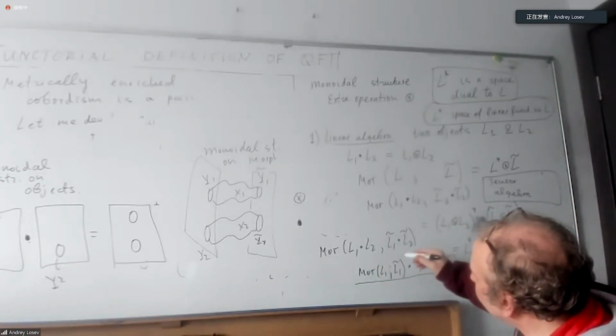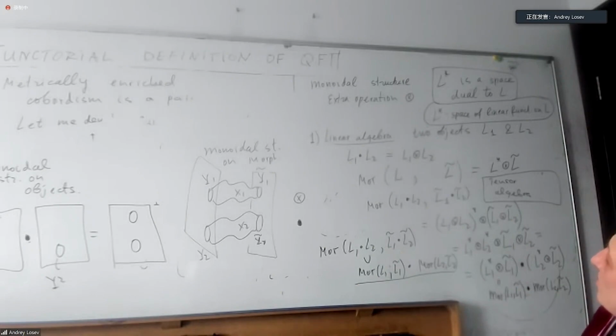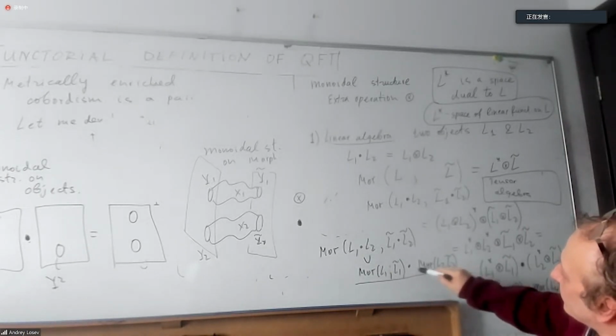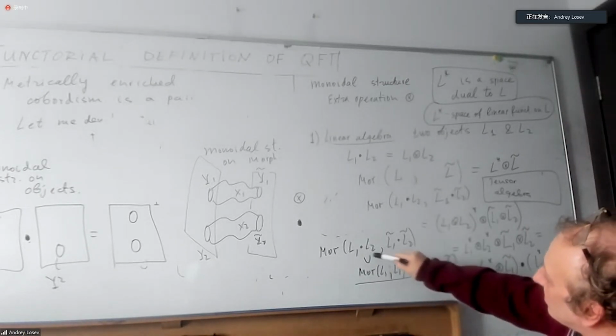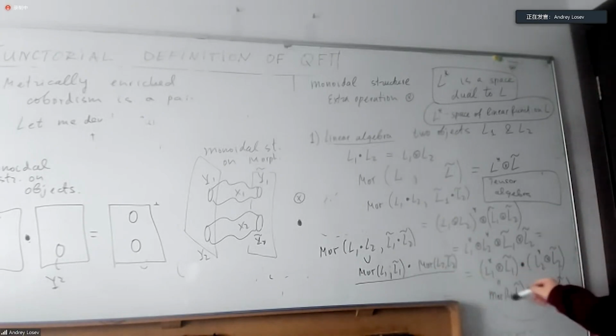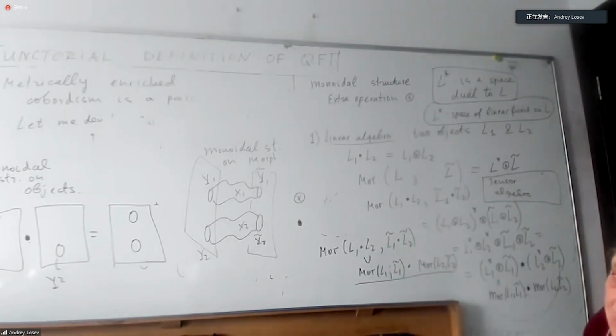Because actually, in monoidal theory, you have this. So this monoidal product lies inside this space. But in the case of linear algebra, here we have equality.